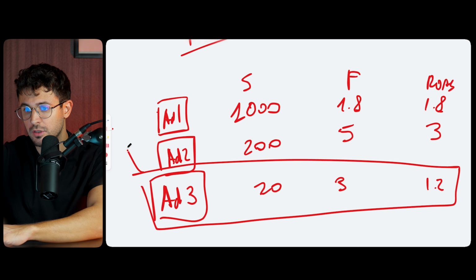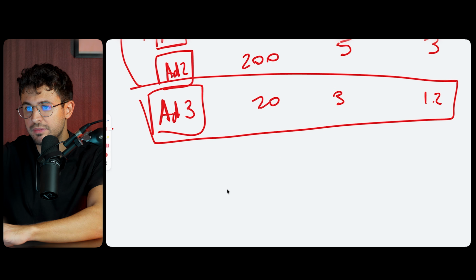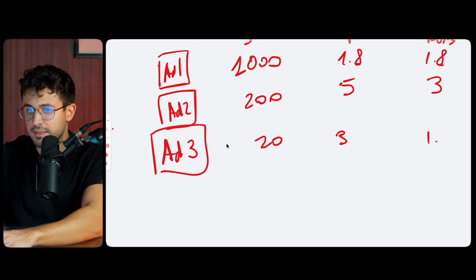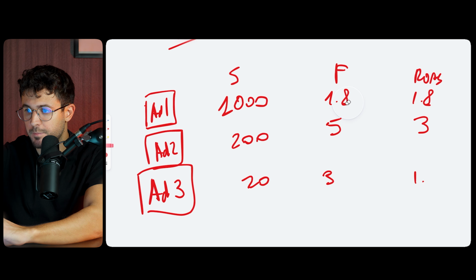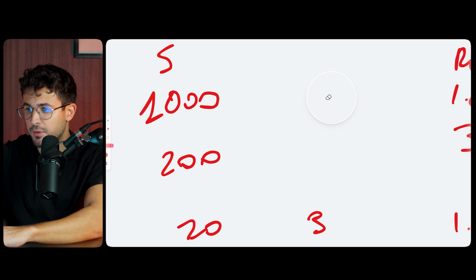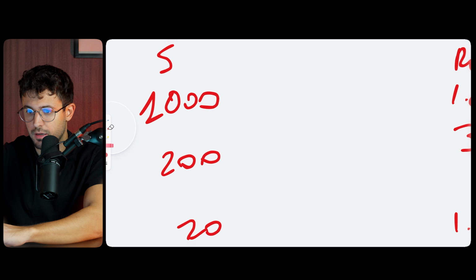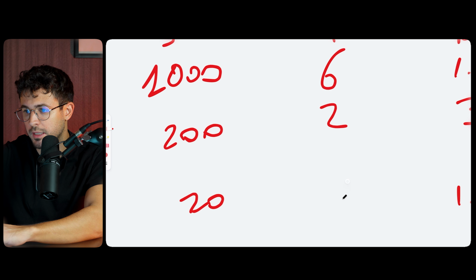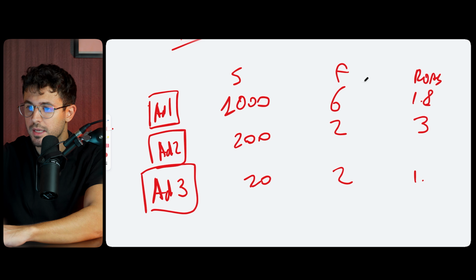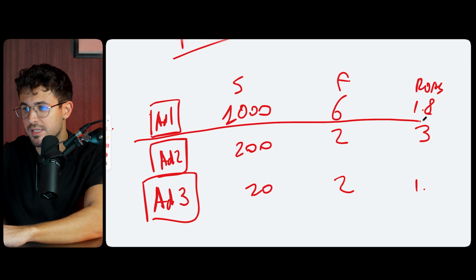If this one is also getting all the spend, so if the situation is something like this, let me actually do it again. Frequency here is 6, and then this is 2, and this is 2, whatever, okay. This one in here is very risky.